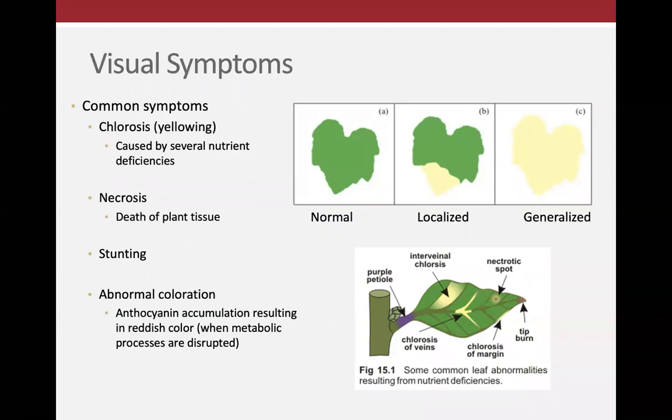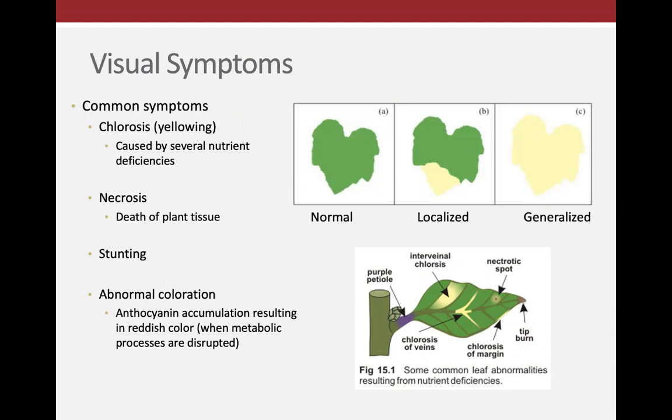We can talk about these visual symptoms in the context of the spatial orientation, or how widespread it is on the leaves. So, we can have a normal leaf here. We can have a localized chlorosis, which might be just the leaf tip or the base of the leaf, or where say the petiole might attach. It can be generalized, which means across the entire leaf.